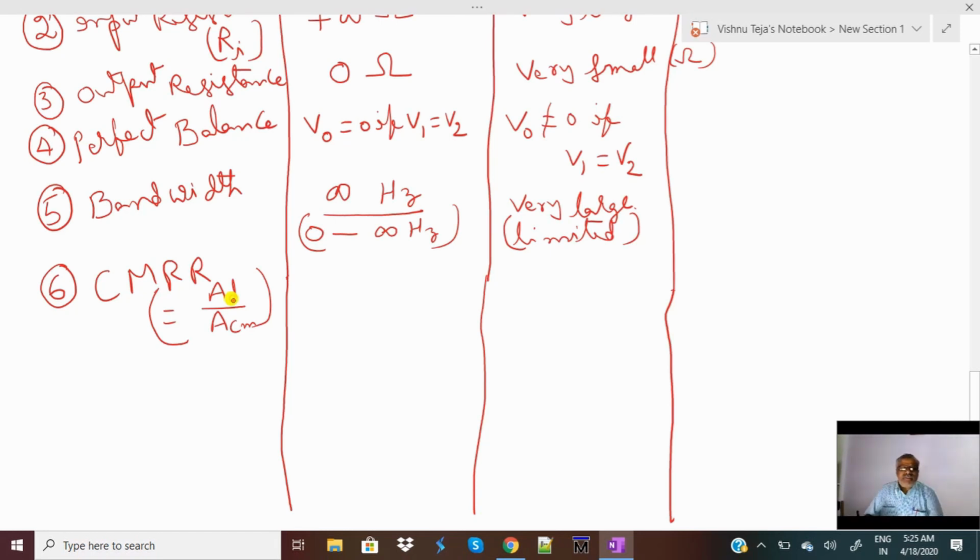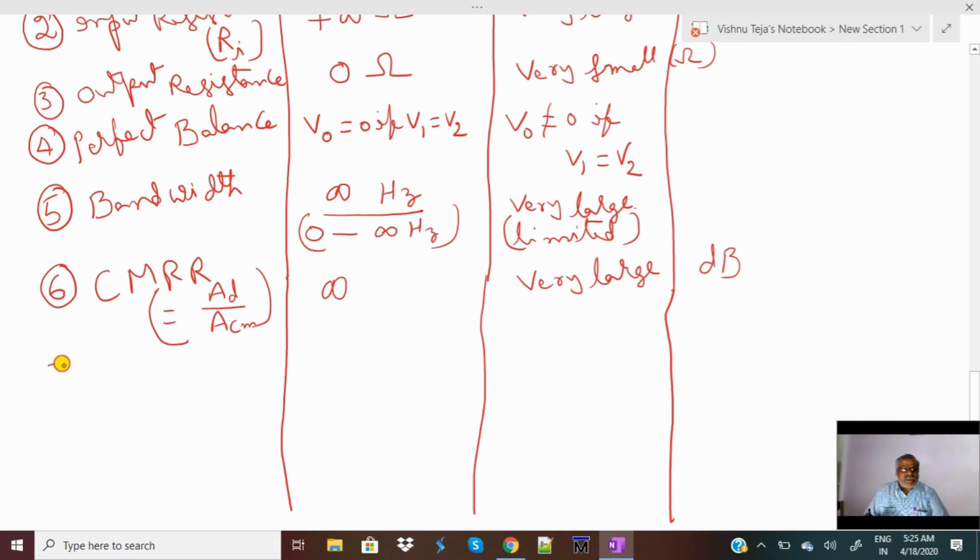The ideal value of this parameter will be infinite. Practically its value will be very large. Generally it is expressed in terms of dBs. So practically its value will be about 70 dB, 80 dB, 100 dB, like that.